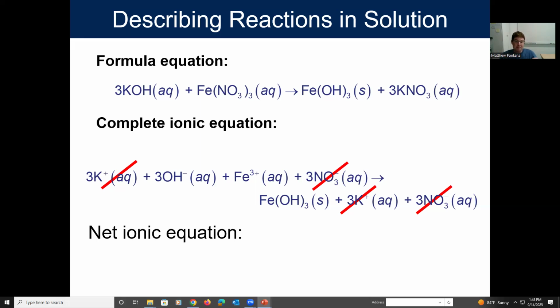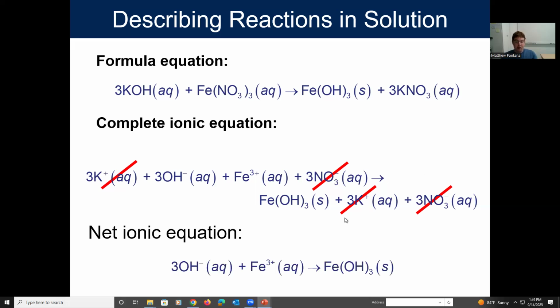Because it's not participating in the chemistry, we call it a spectator ion. So we can cross out the 3K plus and the 3K plus. And we can also do the same thing with the three nitrates. Here we have three nitrates on the left-hand side, and here we have three nitrates on the right-hand side. So in summary, we can cancel out the three potassiums, and we can cancel out the three nitrates.